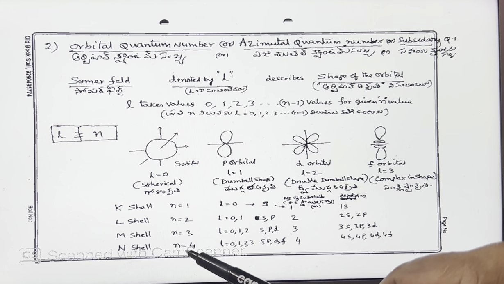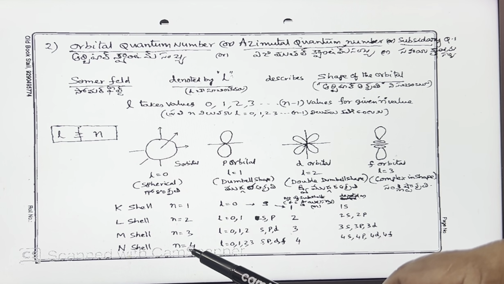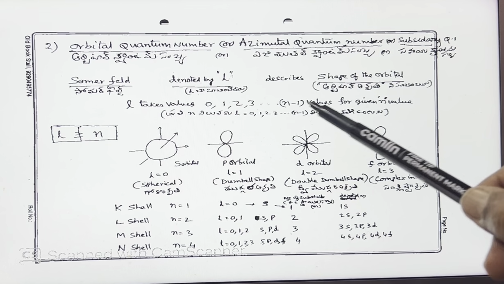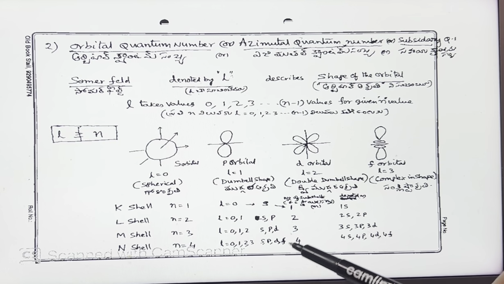The N shell has n equal to 4. That means L takes values from 0 to 3 only. It won't take 4, only up to n minus 1. So, L is equal to 0, 1, 2, 3. 0 is s, 1 is p, L value 2 is d, and L value 3 is f.